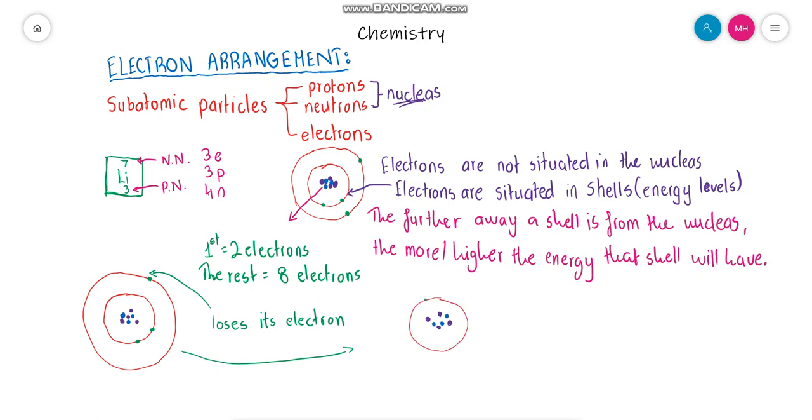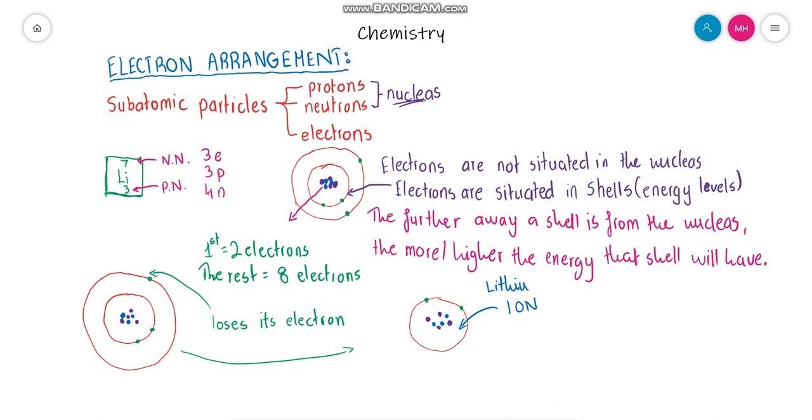Then it has a stable outer shell, because the first energy level can only take in 2 electrons, and it has become an ion. This is a lithium ion.